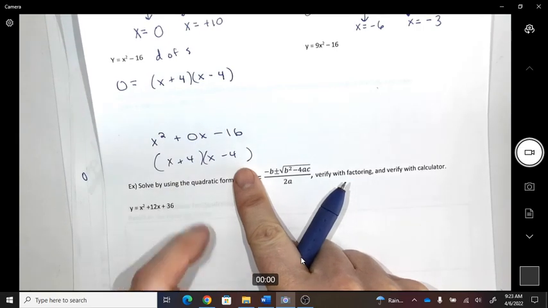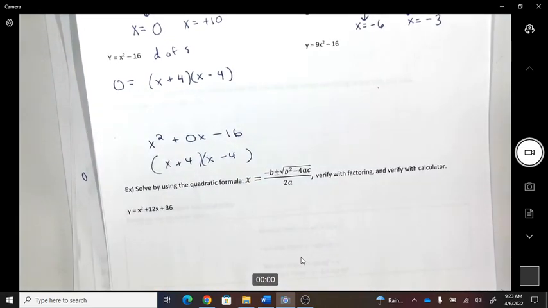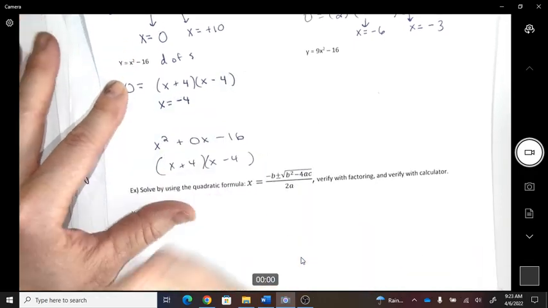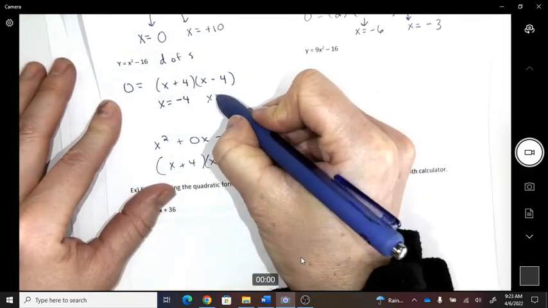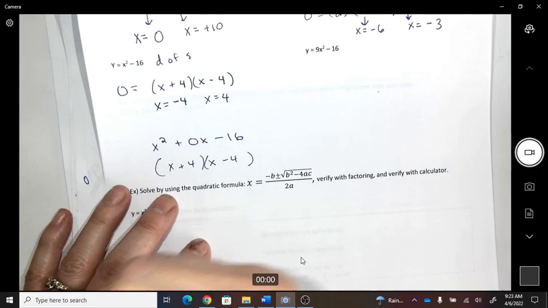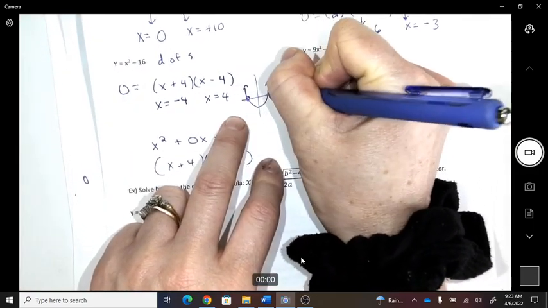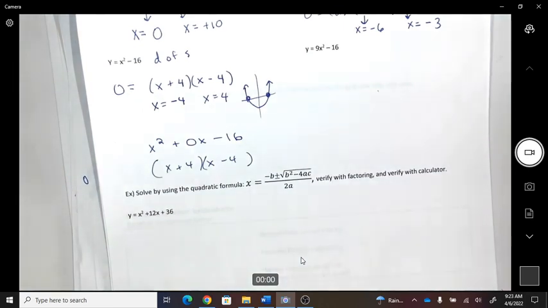And that's why it's creating a difference of squares. Okay, so here your solution should be -4 and +4. Okay, and that's what it would look like on your calculator. Okay, last one.